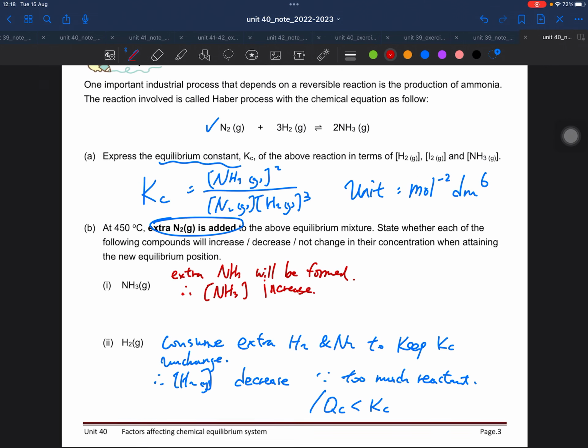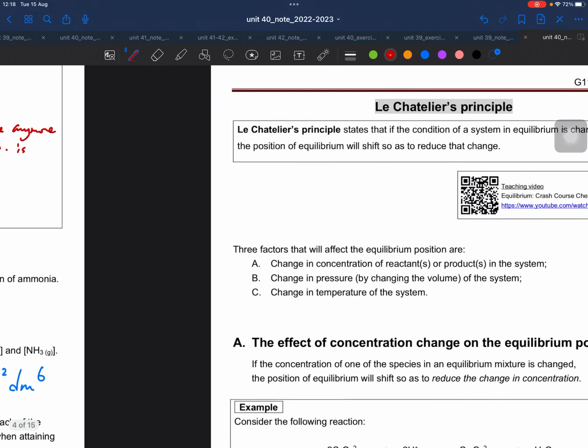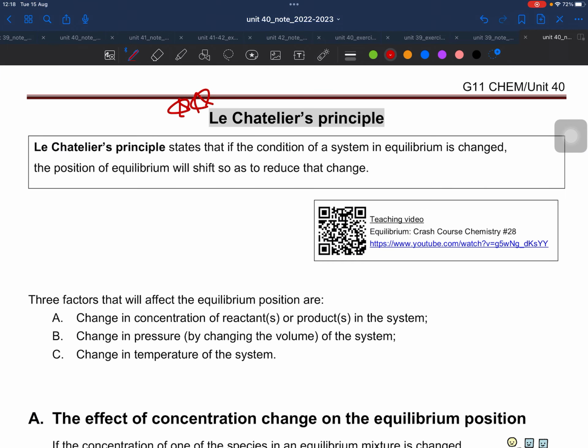But this is the key point. Here I introduce what I would say is a general or empirical rule for the change in equilibrium position. It allows us to get insight on whether there will be a net forward or net backward reaction.